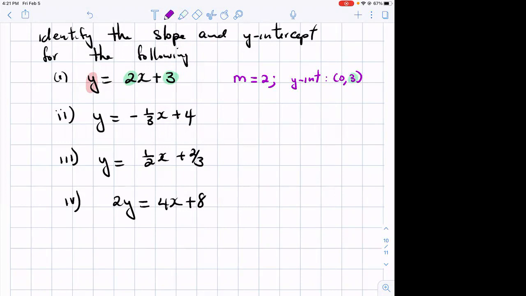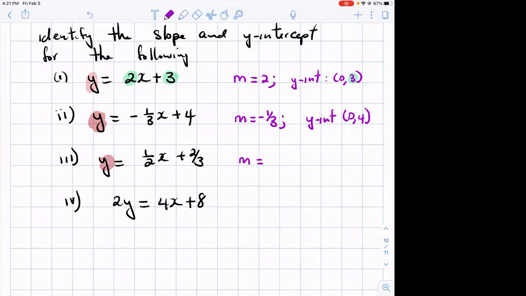In the second equation, y is by itself. Okay? So I don't have to do anything. So m is equal to negative 1/3. Yes, the slope can be a fraction. And the y-intercept is 0, 4. In the third example, yes, y is by itself.